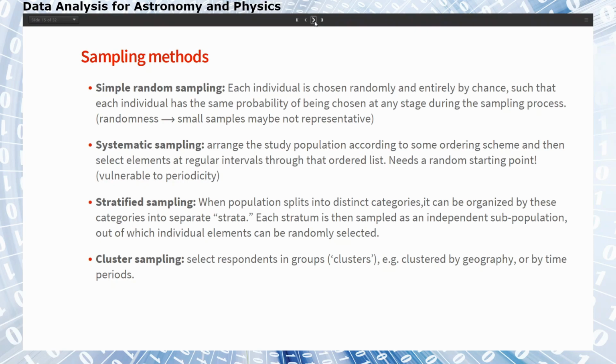For this reason, usually there is a random element involved in sampling, but even here it's possible to apply different random sampling strategies. So there is simple random sampling, such that we just randomly select members of the population and study those. There's also the possibility to do systematic sampling.